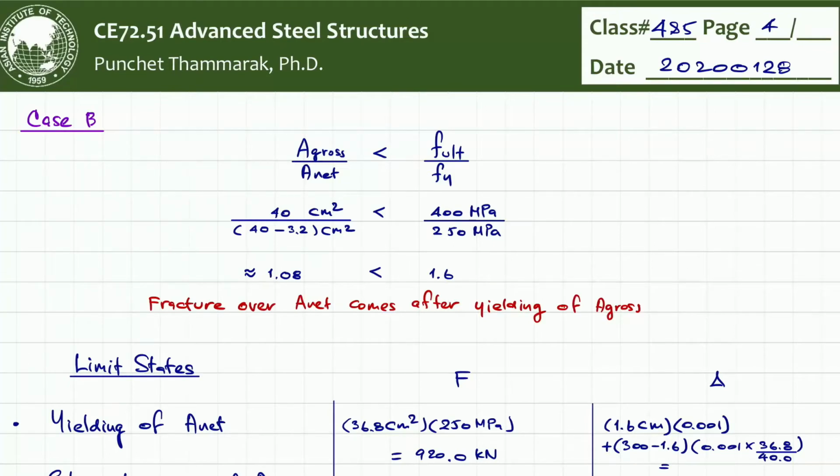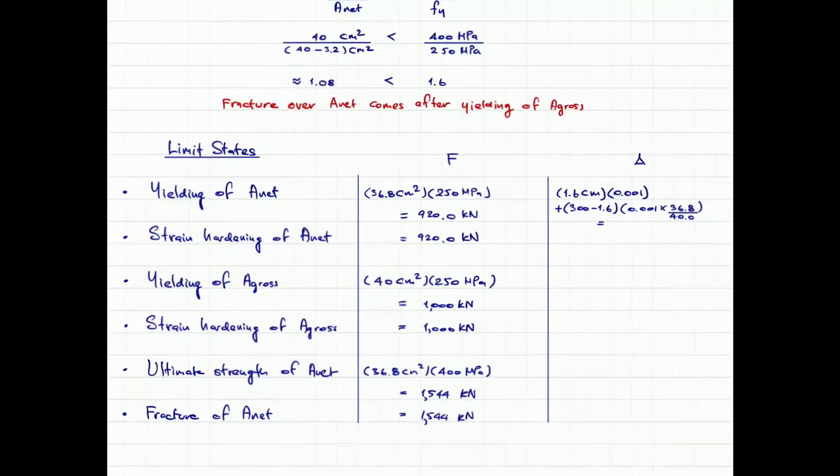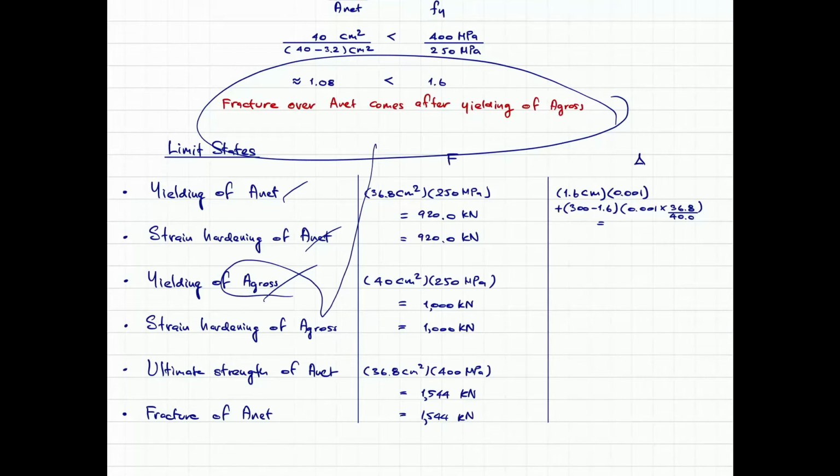And we can conclude that the fracture over the A net comes after the yielding of A gross. So we will have these many limit states. So yield net, yield strain hardening net, yield gross, right? Because from this conclusion we're going to have the yielding in the A gross, hardening A gross, and then ultimate of the net.